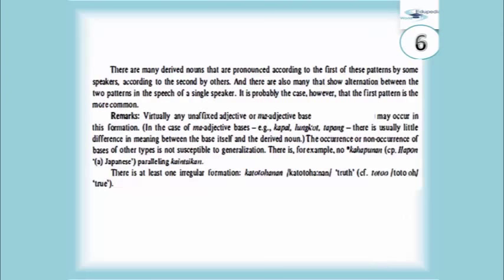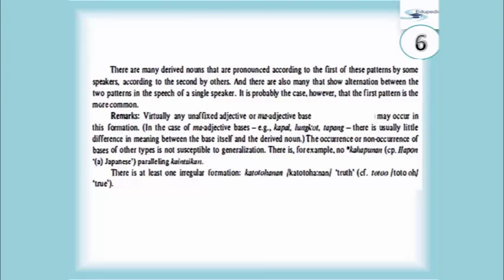There are many derived nouns that are pronounced according to the first of these patterns by some speakers, according to the second by others, and there are also many that show alternation between the two patterns in the speech of a single speaker. It is probably the case, however, that the first pattern is more common.